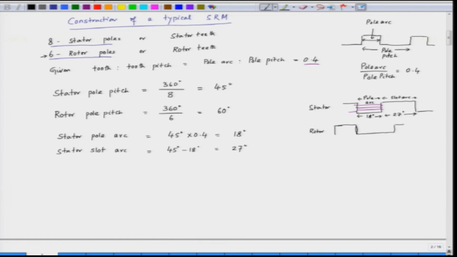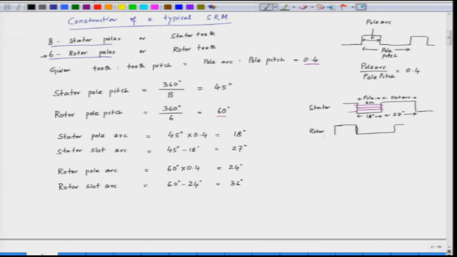Similarly, the rotor pole arc is equal to rotor pole pitch, 60 degrees, into 0.4. So, 60 degrees into 0.4 is equal to 24 degrees, and the rotor slot arc is equal to 60 degrees minus 24 degrees, is equal to 36 degrees.